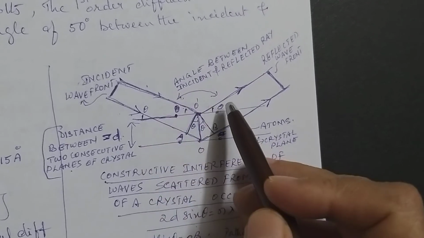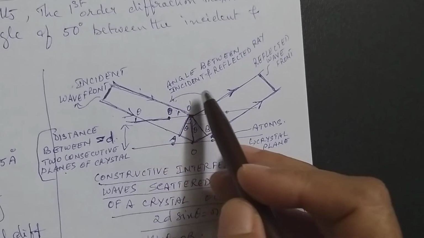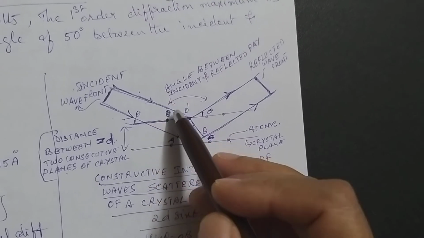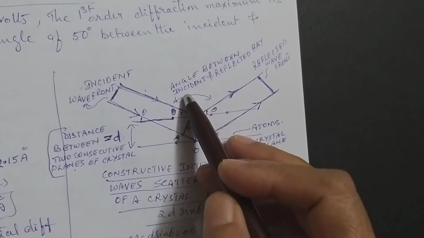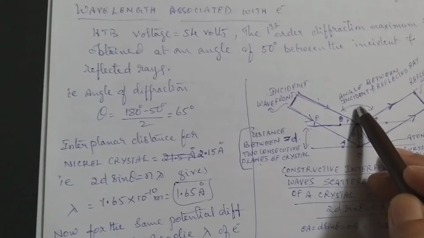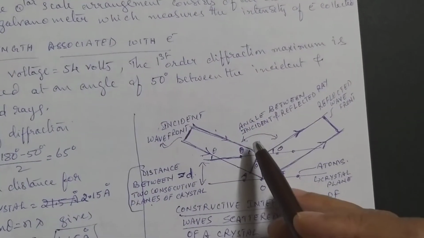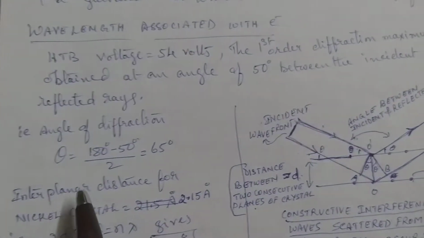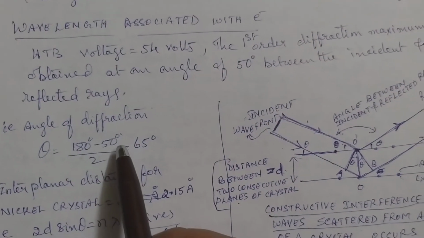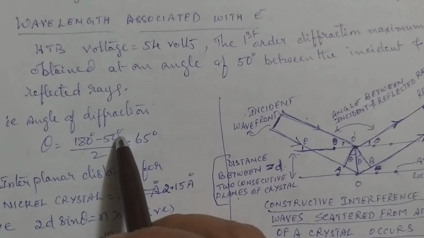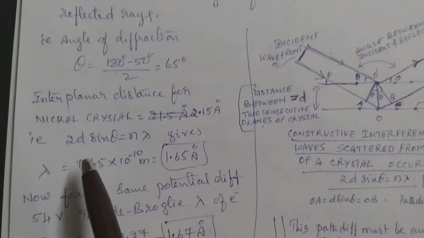Then the total angle is 180 degrees. So 2 theta plus this angle is equal to how much? Supposing we have the incident ray and reflected ray at a 50 degrees angle in this experiment, then 2 theta is nothing but 180 minus 50, so theta equals 65 degrees.